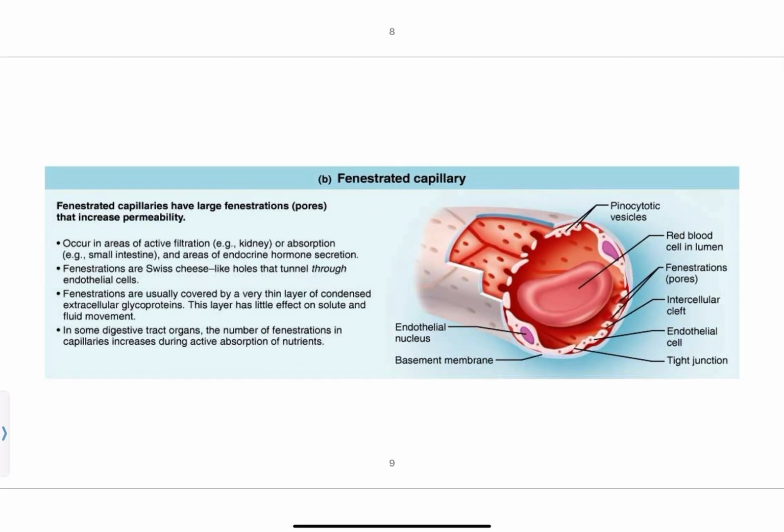The next type is our fenestrated capillaries, which have really large pores, which we refer to as fenestrations. That's where they get their name from, in the endothelial lining that help increase permeability. These are found in tissues where active absorption and filtration occurs, so places like our kidneys, intestines, and our endocrine glands.